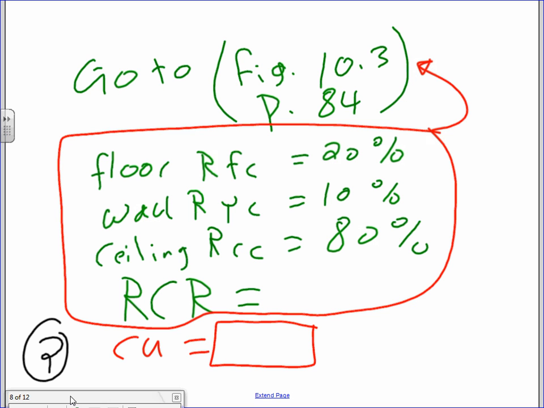Okay, based on the following, can you guys go verify that you know how to use it? The floor reflection is 20, the wall reflection is 10, and the ceiling reflection is 80. Okay? Ceiling reflection is 80. Can you guys see that? And coefficient of utilization, what did we come up with? We came up with room cavity ratio 2.